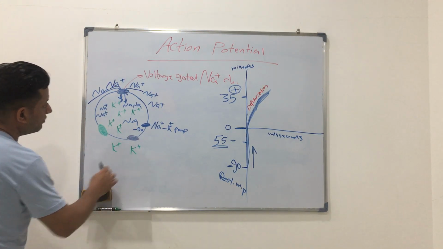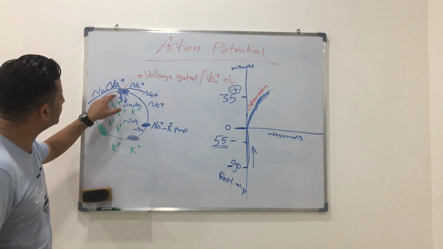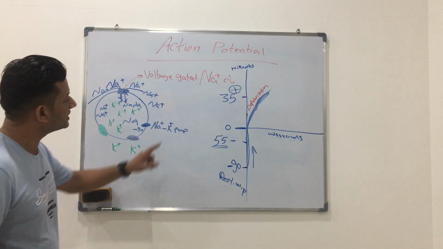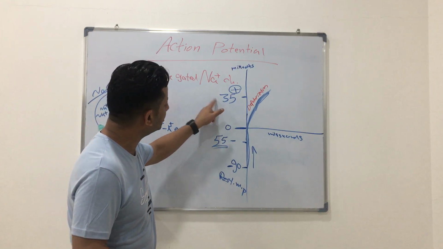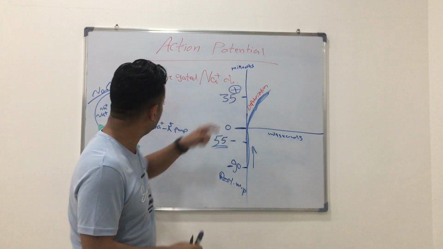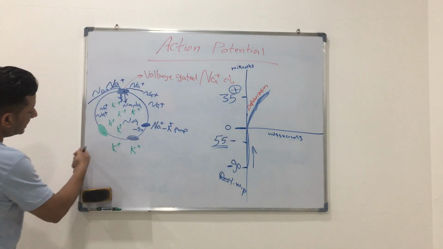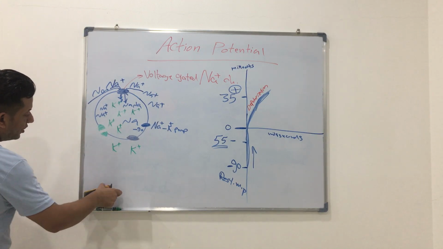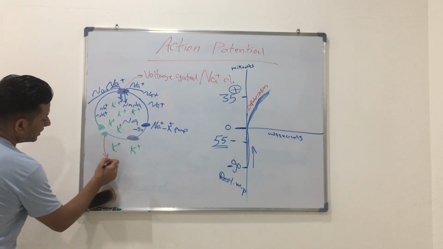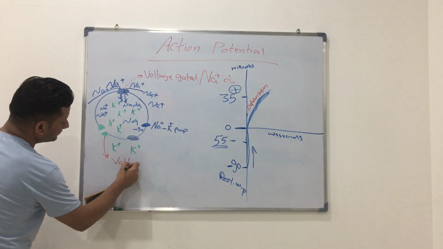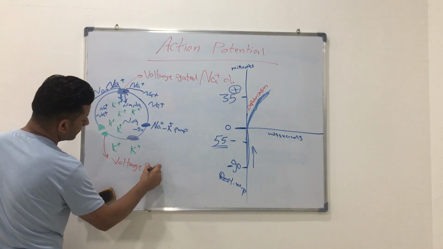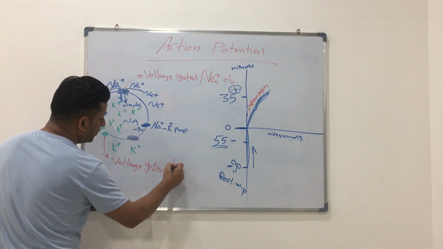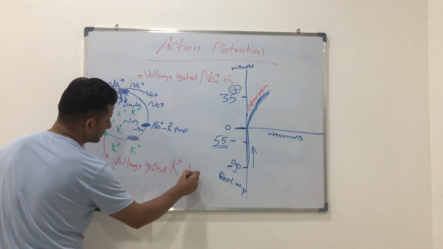So at the moment of the closure of sodium voltage-gated channels at a charge of positive 35, there will be sudden opening of what is called voltage-gated potassium channels.